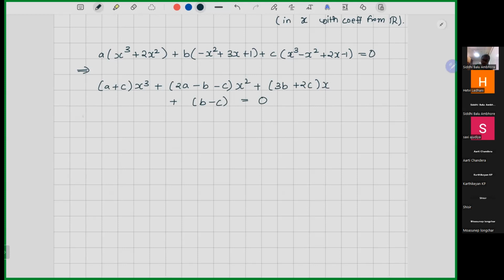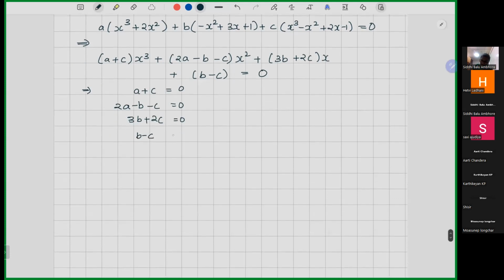So from this what I get? a plus c is equal to 0, 2a minus b minus c is equal to 0, 3b plus 2c is equal to 0, and here b minus c is equal to 0.